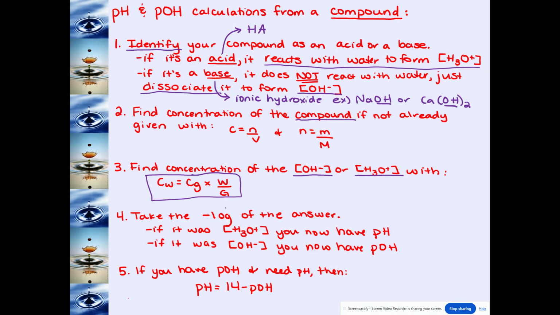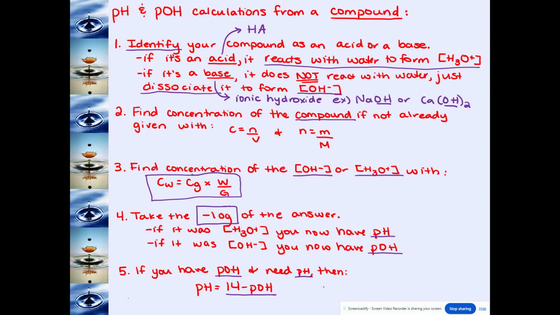Okay? Then you take the negative log of your answer. And if it was hydronium ions, you now have a number on the pH scale. But if it was hydroxide ions, you have a number on the pOH scale. So if the question is asking you for pH and in step 4 you had pOH, you can subtract it from 14.